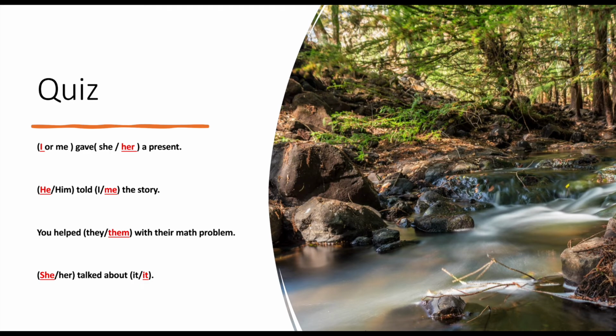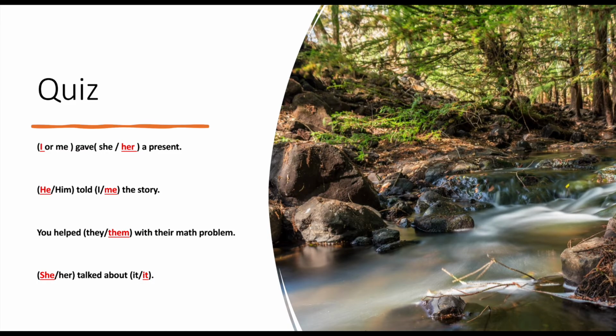But I choose the second one, just because the second one in our examples stands for object pronoun, even though they both look the same. So the final sentence is, she talked about it.